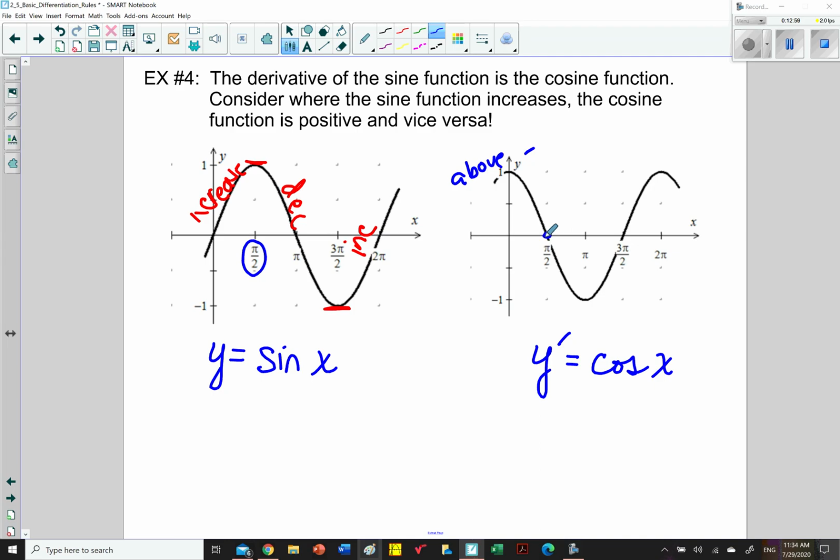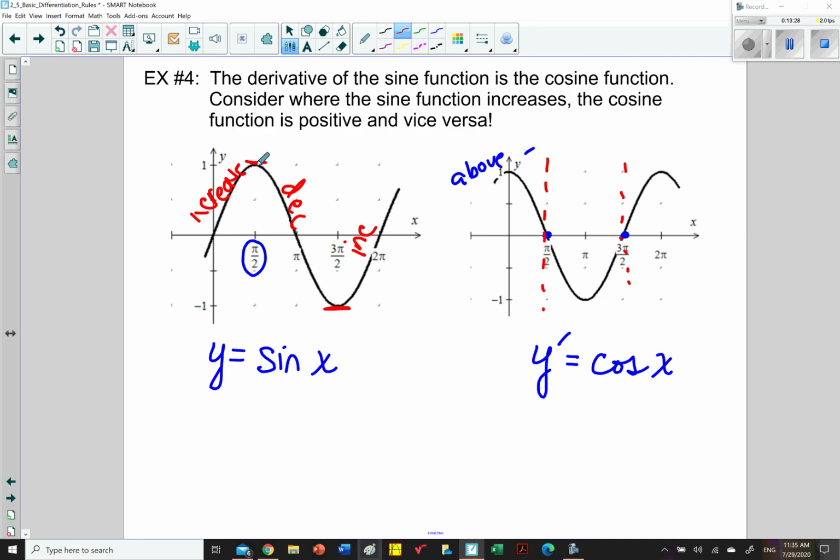You see how that's an intercept? And we said last class that a maximum or a minimum would be x-intercepts on our derivative function. So I know that I've got an x-intercept at pi over 2, and I have an x-intercept at 3 pi over 2. My function graph is increasing, so the derivative graph has to be above the x-axis.